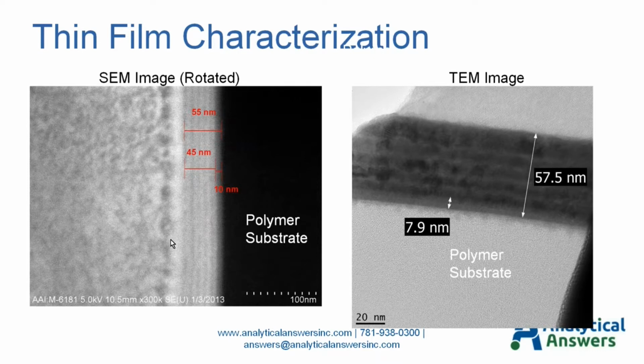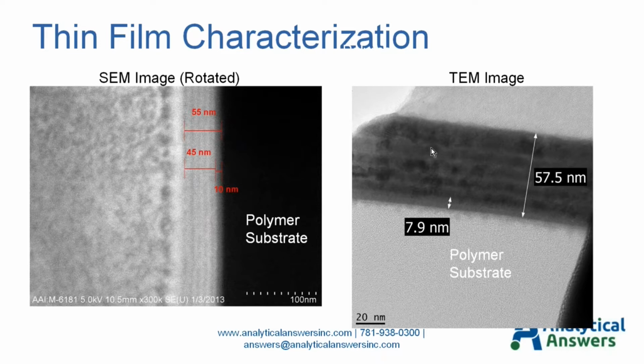We've rotated it by 90 degrees to move it away from the scan direction of the raster scanned image that tends to show these interfaces a little more clearly. And what you can see in the SEM is that we do see a layered structure. It's about 55 nanometers in thickness, but that's about all we can tell from that.